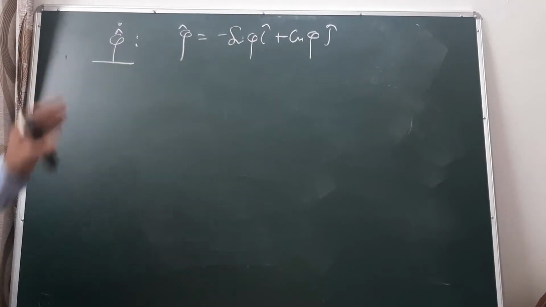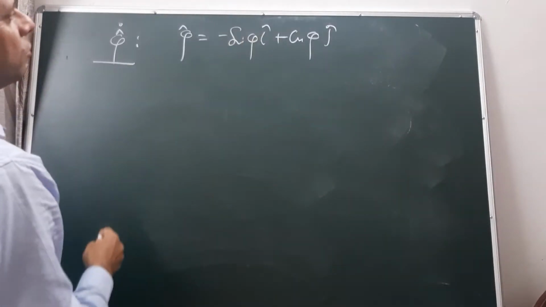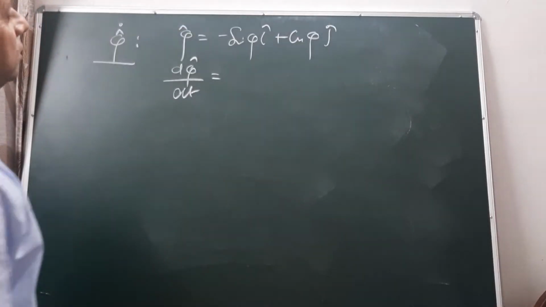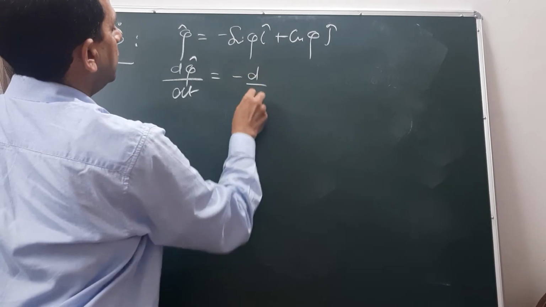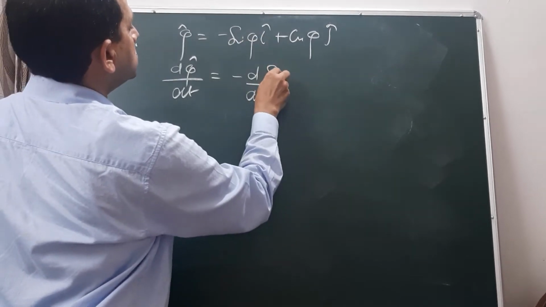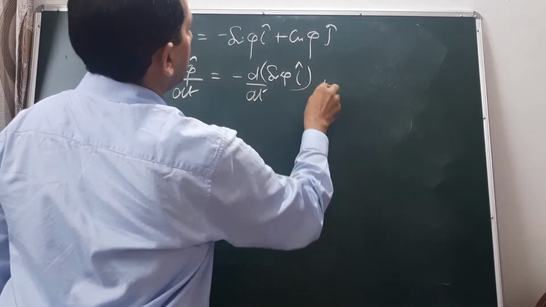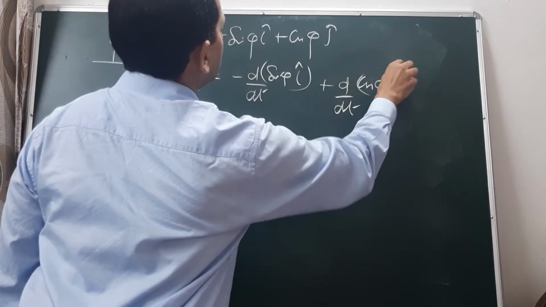This value is already proved, and for the derivative we will take the derivative on both sides. So, d/dt of phi cap is equal to the derivative of minus sin phi into i cap and the derivative of cos phi into j cap.